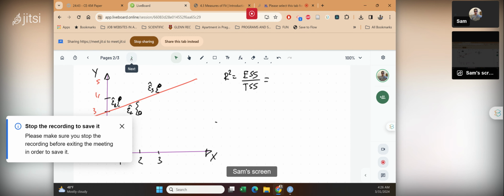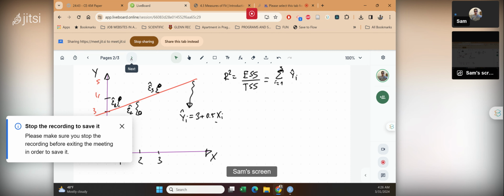And we know that the ESS is actually found by, in this case, you have 3 data points. So i goes from 1 to 3. So you take the y hat i, which is, y hat is actually this line, the function of this line. Y hat i, so the points on the line, they're the predictions of your model, is actually equal to beta 0 hat, which is 3, plus 0.5 times xi.